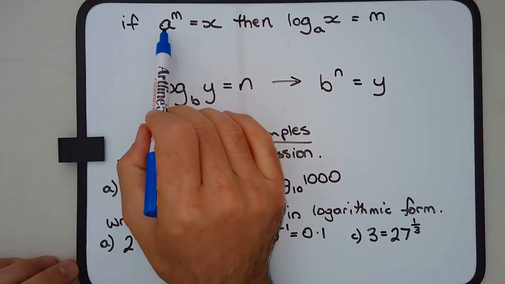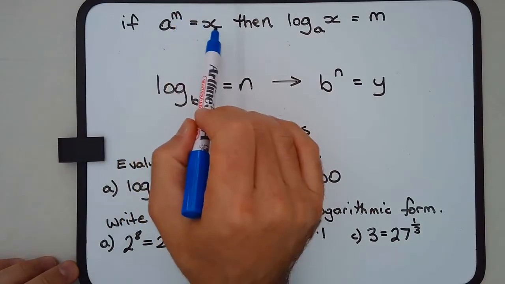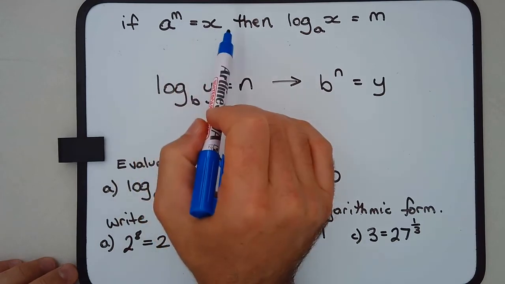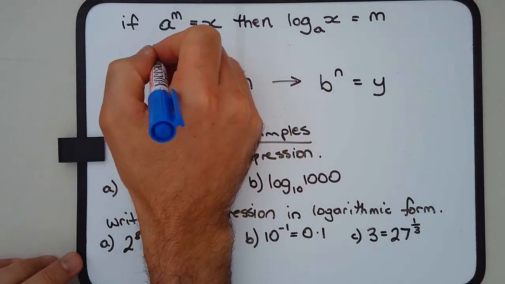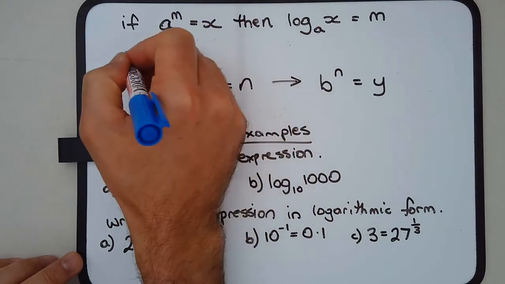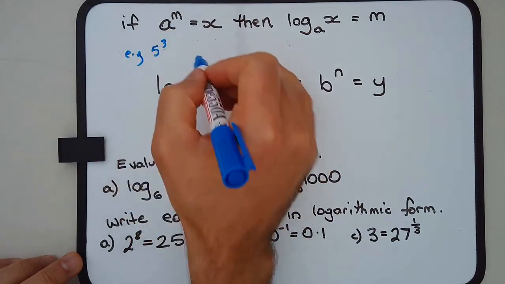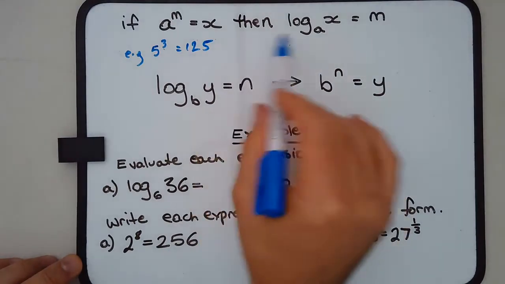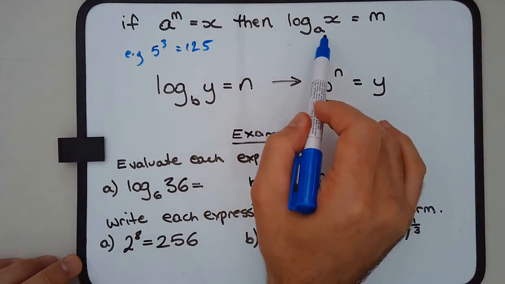So if a to the power of m equals x, like 5 to the power of 3 equals 125, I might just rewrite this here. If 5 to the power of 3 is equal to 125, then log base a of x equals m.